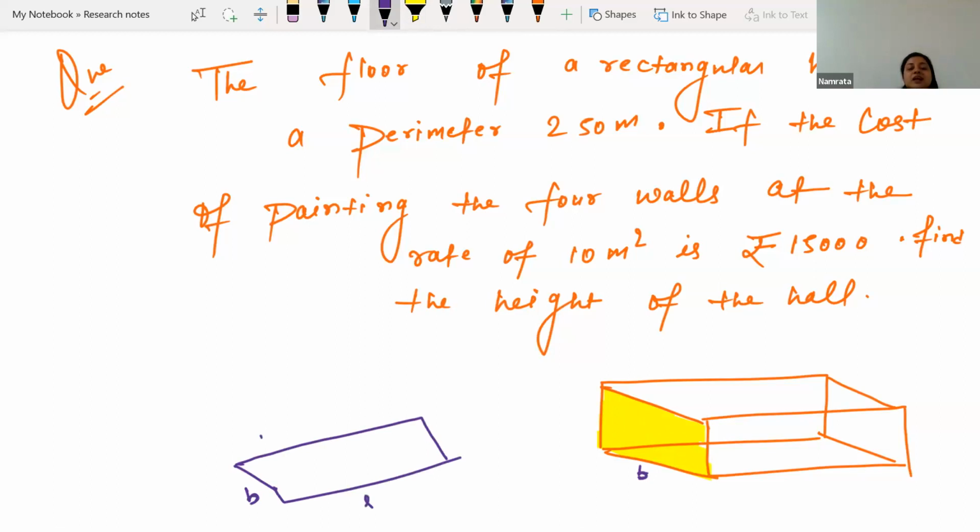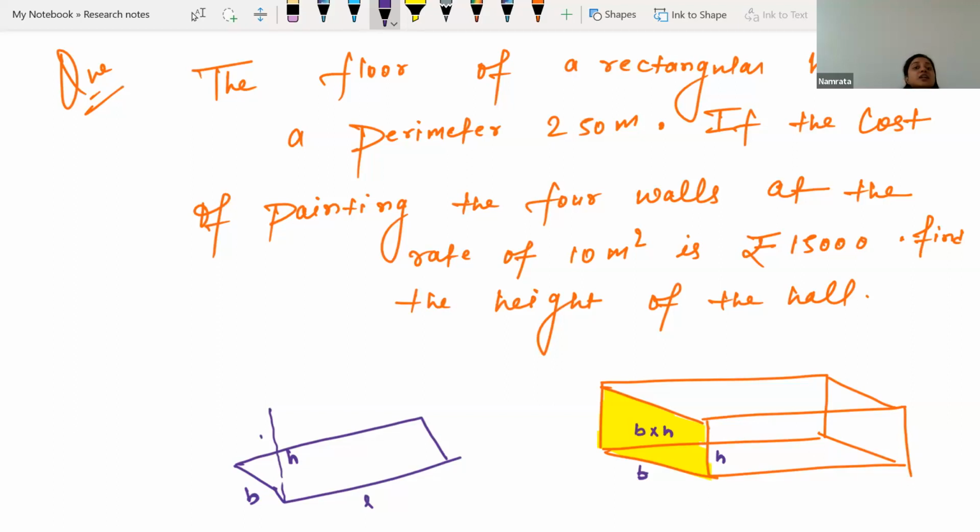Now if I stack up one more rectangle, one more rectangle, then we will end up getting height also, right? So for the yellow painted part, breadth and height are used. The area of this yellow rectangle will be breadth into height.